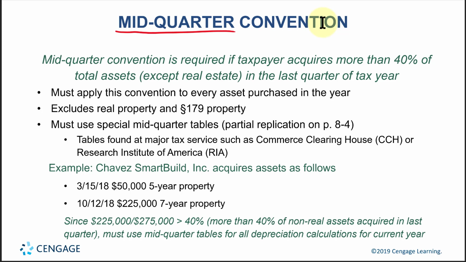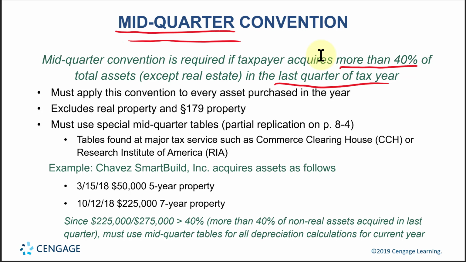And the mid-quarter convention has to be used if more than 40% of what you buy during the year for business, personal, tangible property is purchased in the last quarter, last 3 months of the year. Then instead of using half-year convention, you have to use the mid-quarter convention.